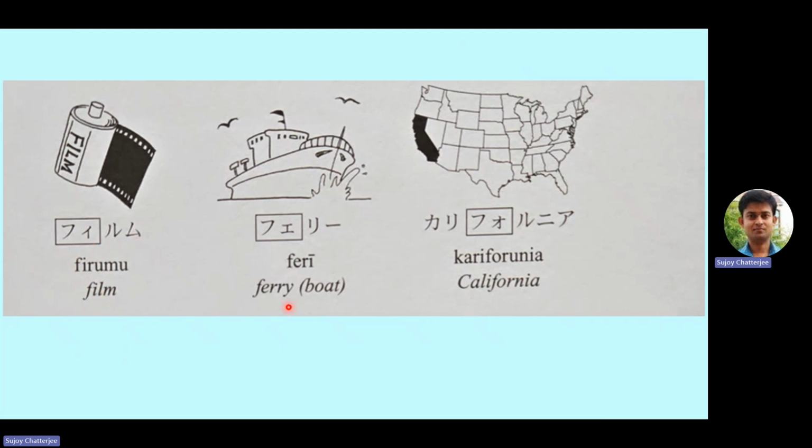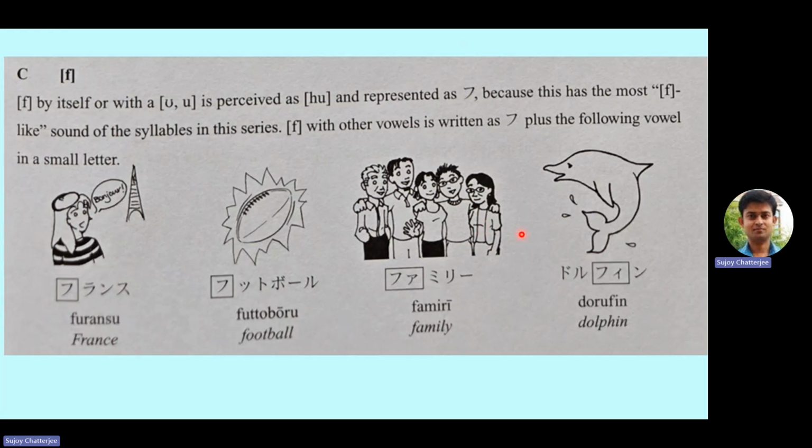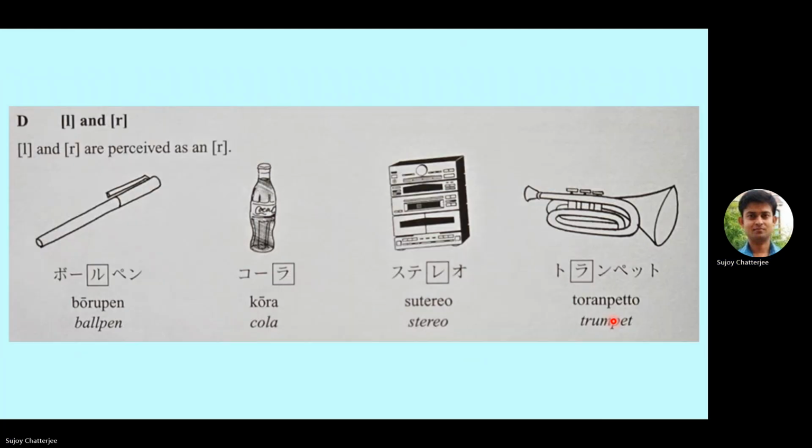Ferry, the boat, is ferii, where a small e has been added after fu. Likewise California will be kariforunia, with the fo sound. So everywhere we have fu followed by small vowels, and in that way we get all the sounds related to the f consonant.